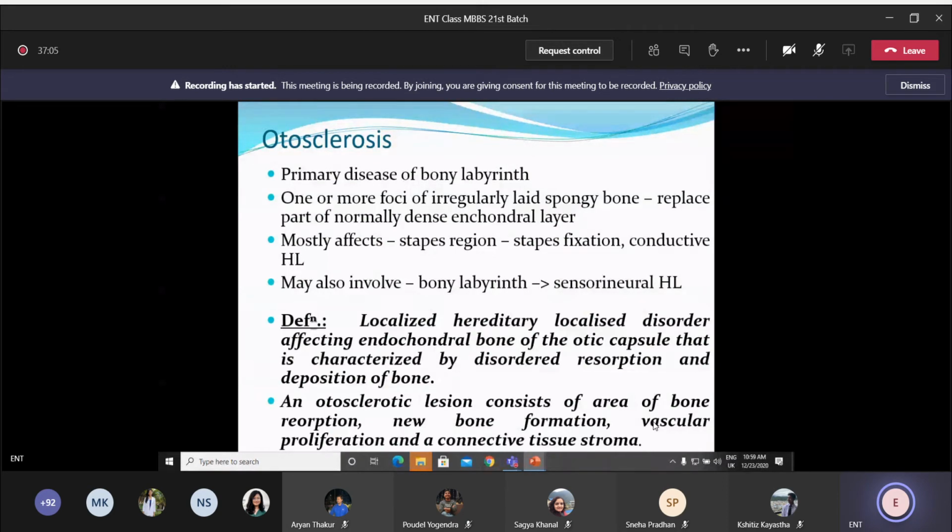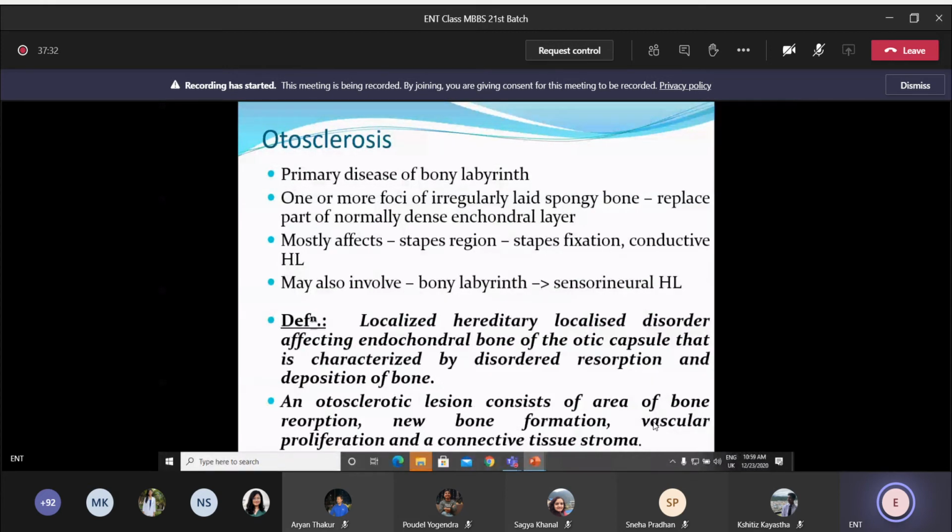If you look at the normal physiology, but once there's a new bone formation, then the stapes gets fixed. Once the stapes gets fixed, then the sound does not travel, and this can lead to conductive deafness. And it can also involve the bony labyrinth too, and this can lead to sensorineural hearing loss.